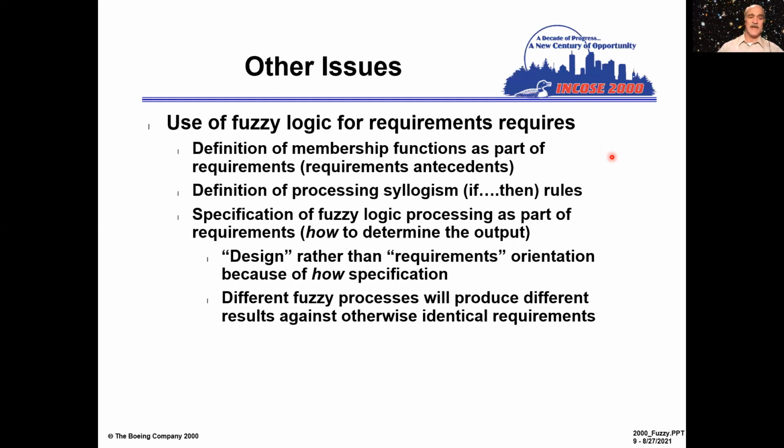The second thing we have to define is how then to process the inputs according to, for example, the algorithm on the prior slide. What's the if-then syllogism? And that includes the specification of this fuzzy logic processing. How am I going to actually calculate the output based on where the inputs are?